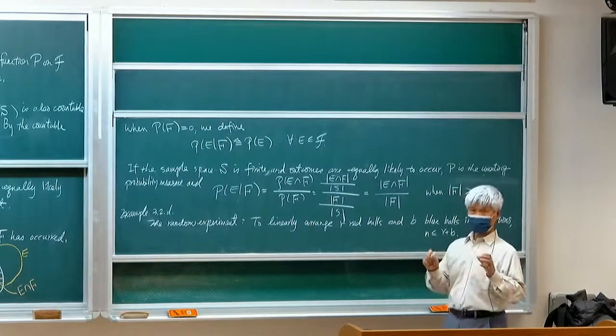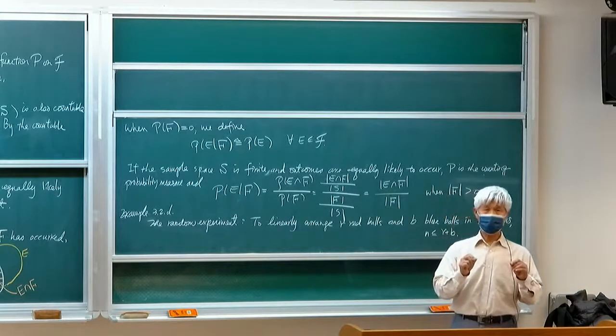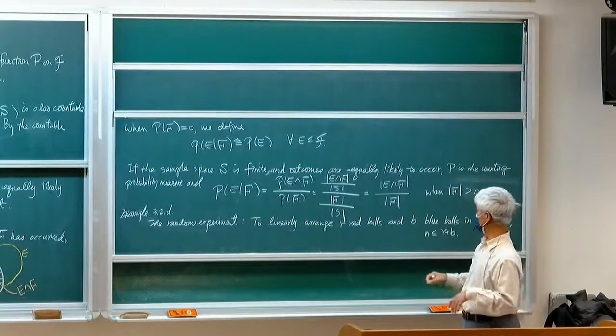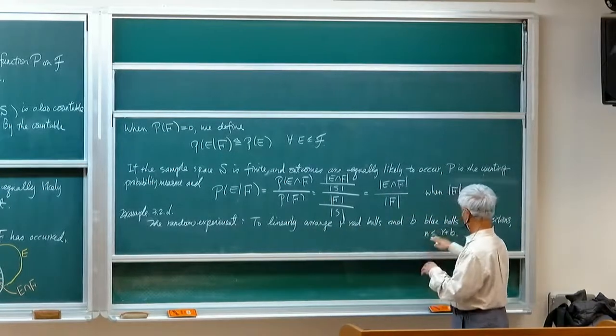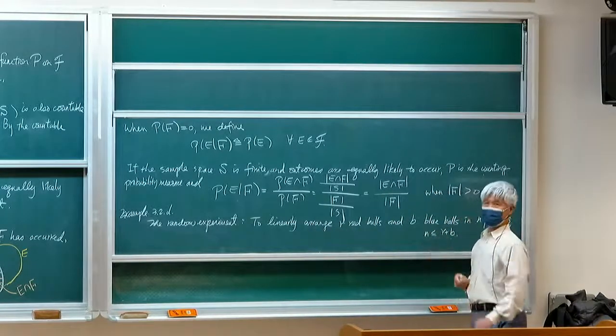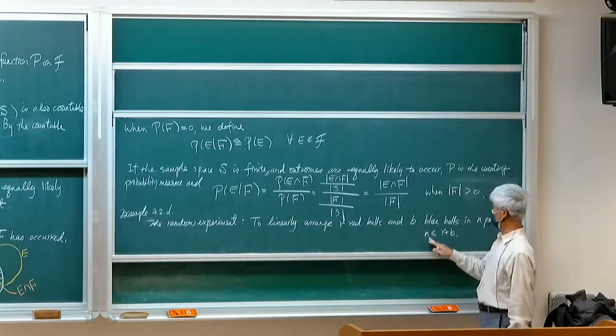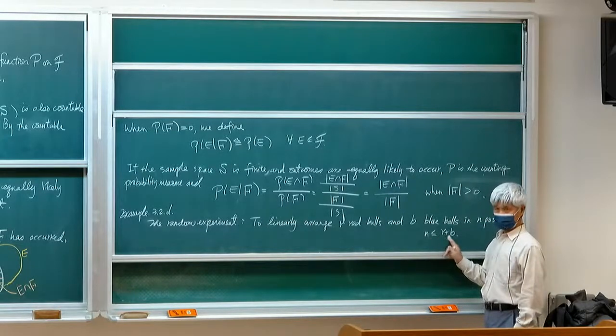Together we have R plus B balls, and we want to linearly arrange these balls in n positions. And n may be less than R plus B.